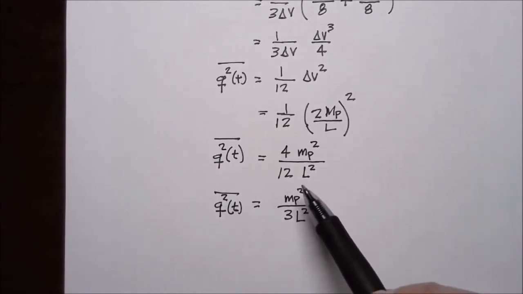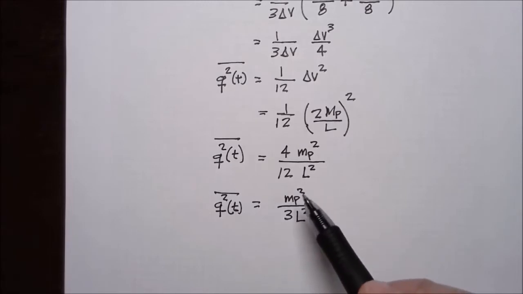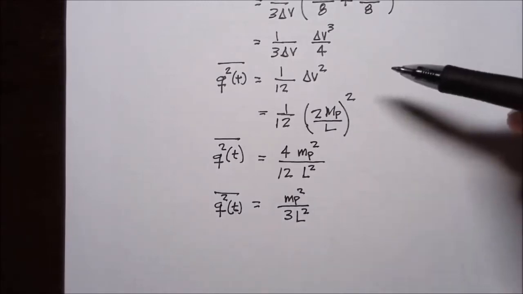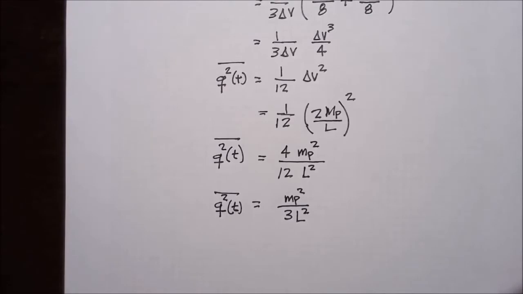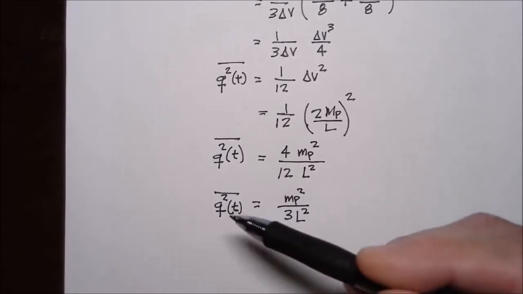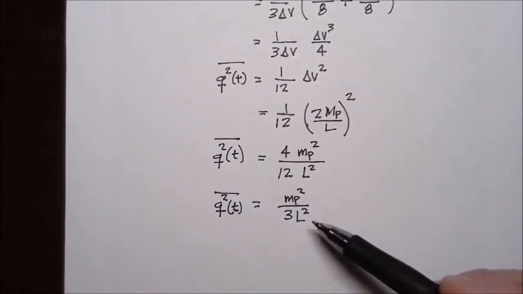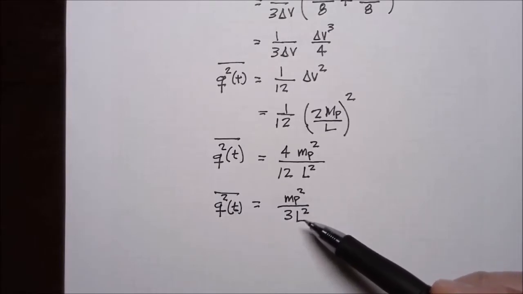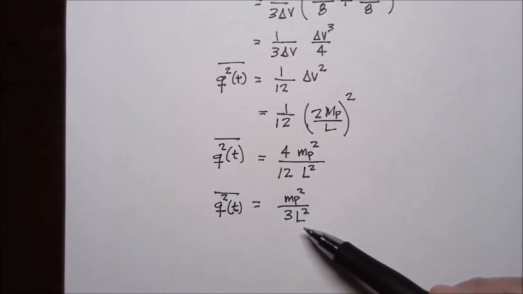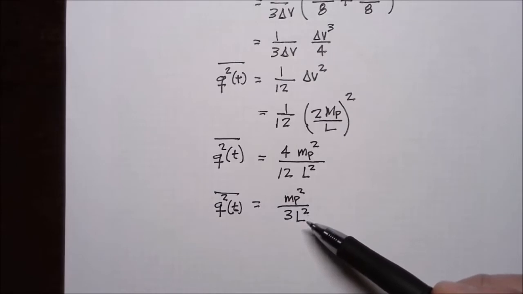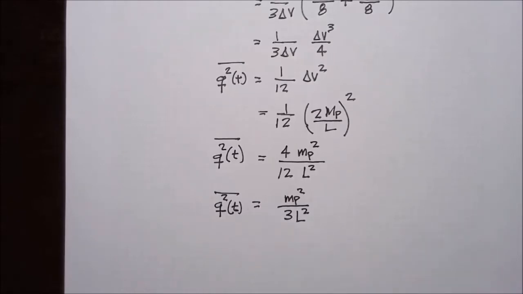So the larger the input range of the digitizer, the larger the noise power. And we have L, the number of levels, in the denominator. So the more levels we have, the smaller the noise power.